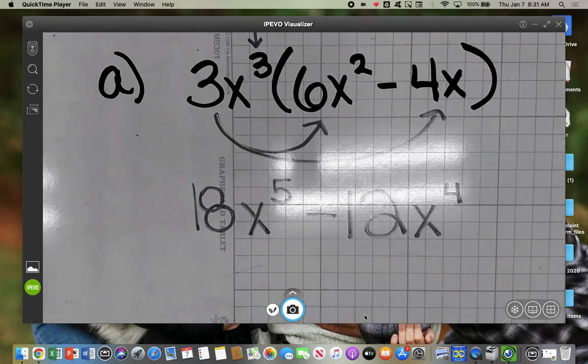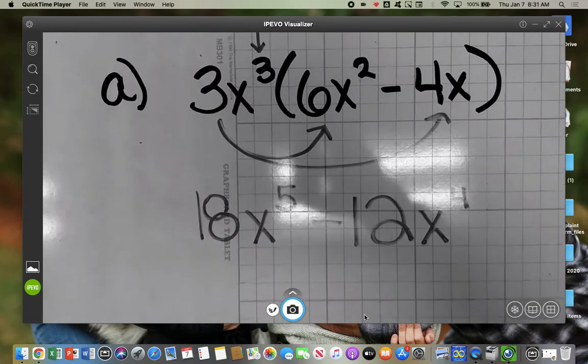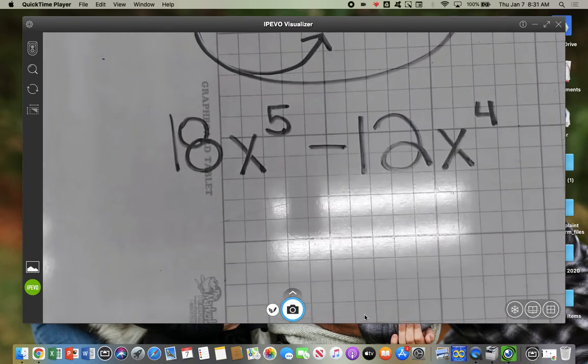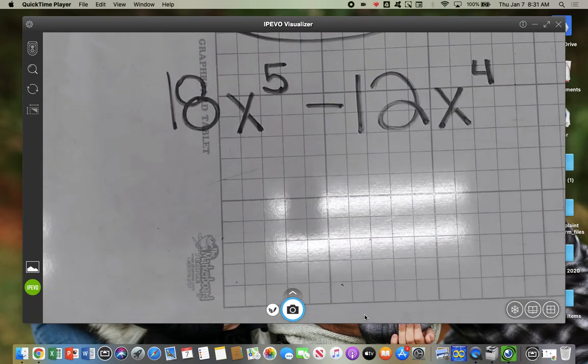Now, can I put those two pieces together? I can? Why not? It doesn't have anything to do with positives and negatives; you can put positives and negatives together. But why can't I combine these to make 6x or something like that? The exponents don't match.